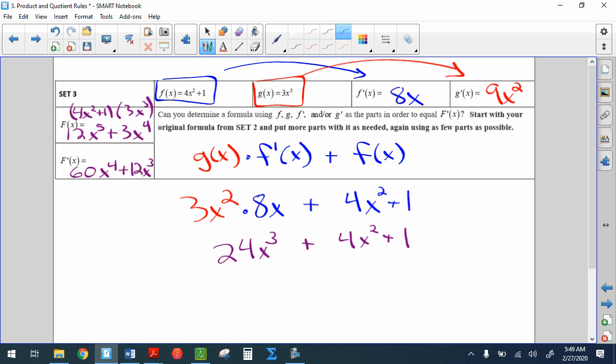So I need an x to the fourth from somewhere. Right? And the only part I haven't used yet is g prime of x. And so if you had to guess, looking at it, I have g of x times f prime. Why not have f of x times g prime? See what that does. So this is 4x squared times 9x squared.